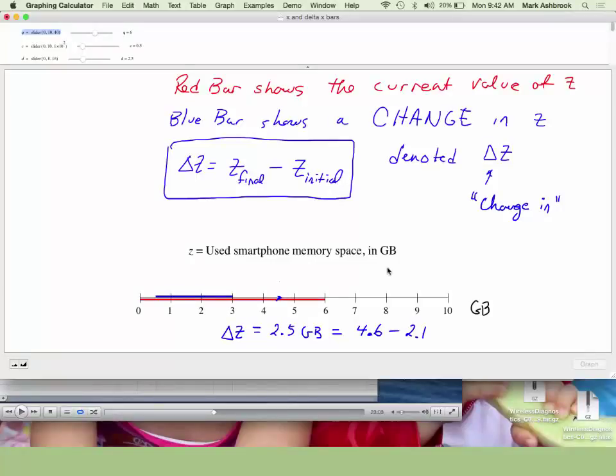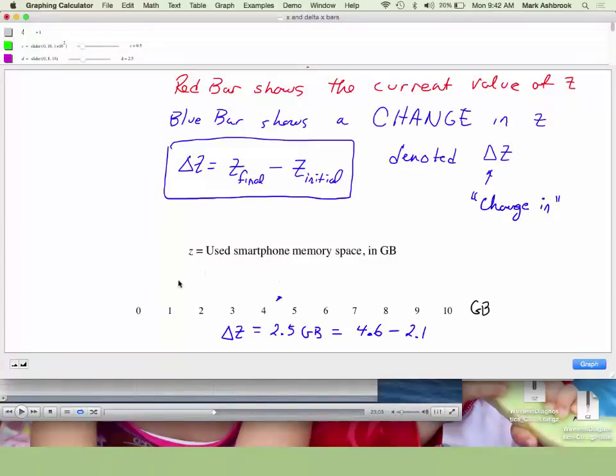Is it different or the same? This now, the change that I'm showing compared to the last change that I did, 4.6 minus 2.1 to get 2.5. It's a trick question, right? What is the same about it?